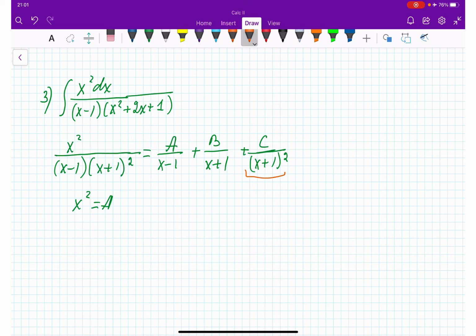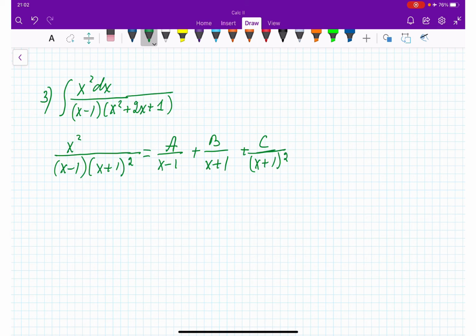So it's going to be a times x plus 1 squared, okay? And then plus b. B is going to be x minus 1 and x plus 1. Okay, well, it's not working. I keep reading, and I think I'm confusing you.